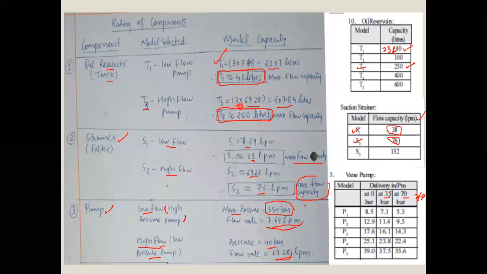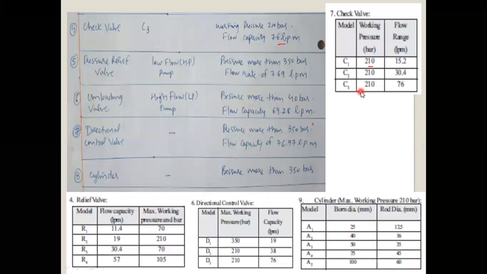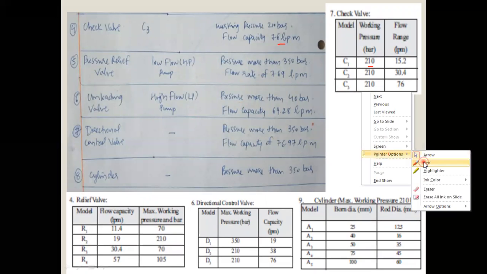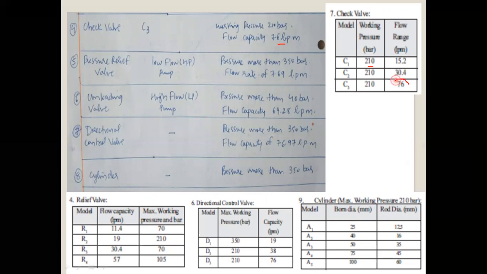The discharge is 69.28, so 69.28 will easily be accommodated in the 76 liters per minute range. That's why I will select C3. You should select C3, and its working pressure is 210 bar and flow capacity is 76 liters per minute.